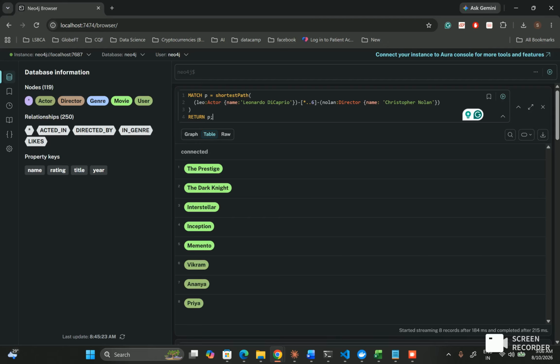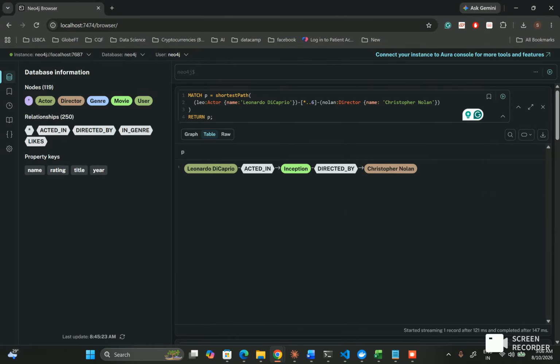Over here, it says give it two nodes and find the shortest chain connecting them, capped at however many hops you allow. So this 6 means it has a limit of 6 hops. It cannot continue forever to find the shortest path towards Christopher Nolan.